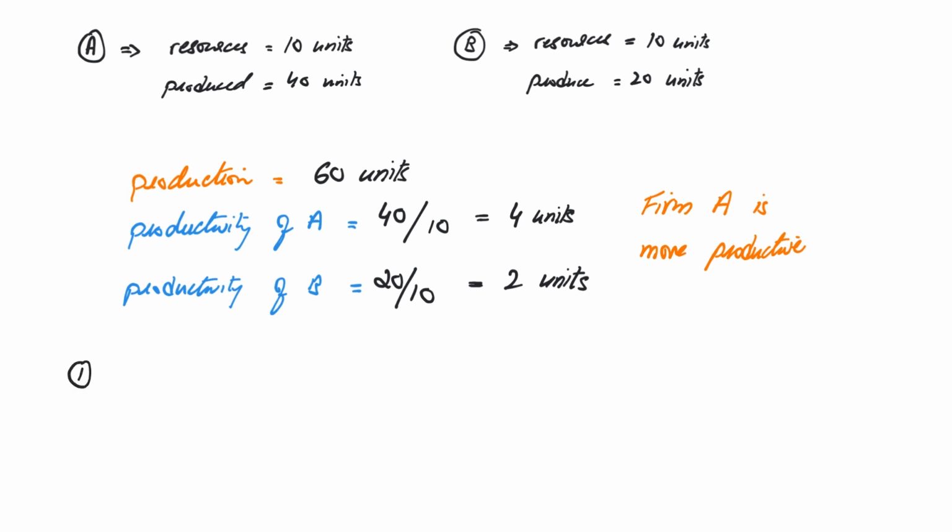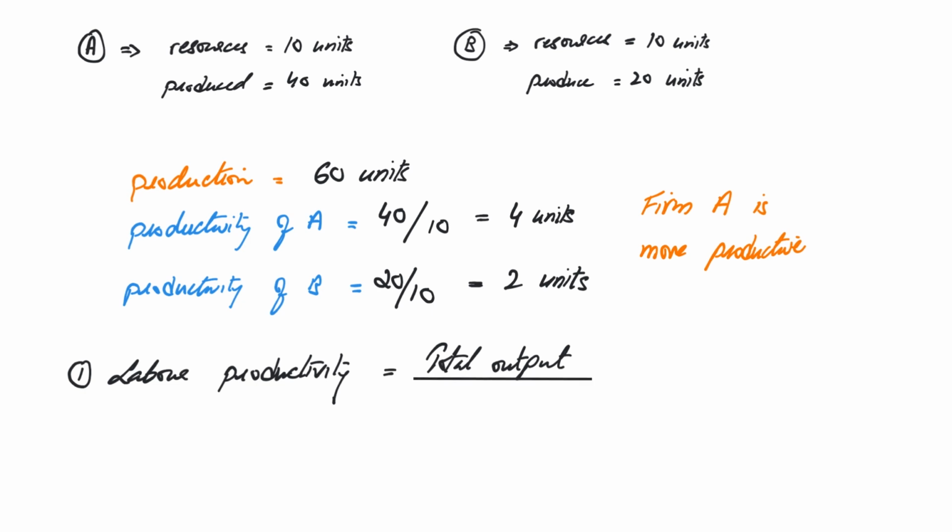Now resources ya inputs ke andar you have labor, to aap labor productivity nikal sakte ho. Labor productivity kaise nikaloge ki aapne dekhna hai total output kitna hai aur usko phir you can divide it by total number of labor and you will get to know how much output is being produced per labor.